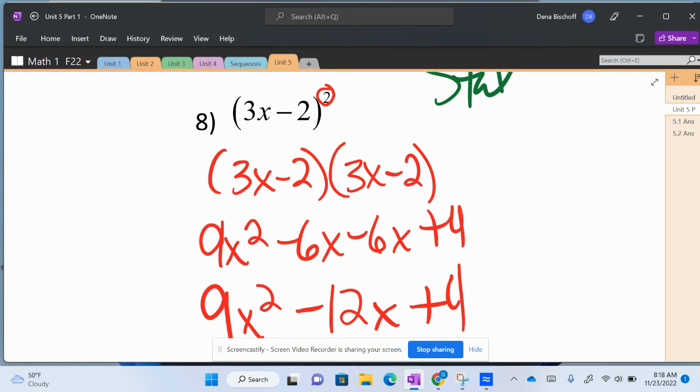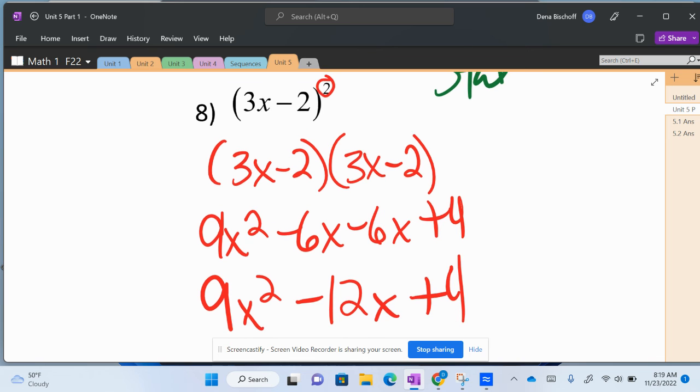So you have to watch for that. That's why binomials are different. It's not distributing a power through because it's not multiplication. They're joined by addition or subtraction. So 3x times 3x is 9x squared. Negative 3x times negative 2 is negative 6x. Negative 2 times 3x is negative 6x. And negative 2 times negative 2 is a positive 4. Final answer, 9x squared minus 12x plus 4.